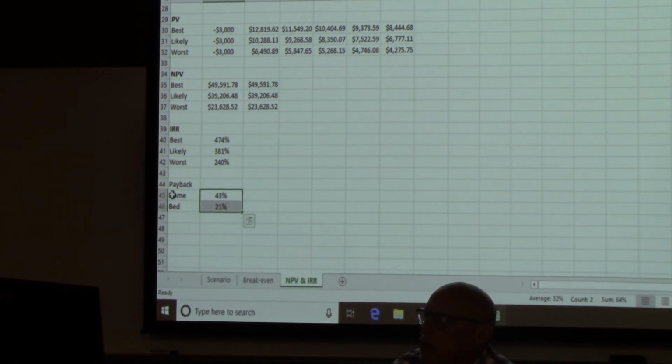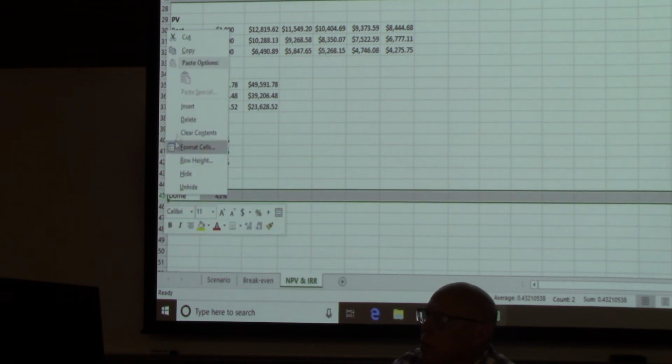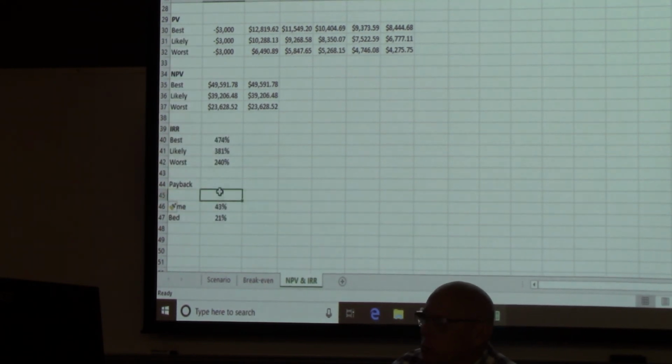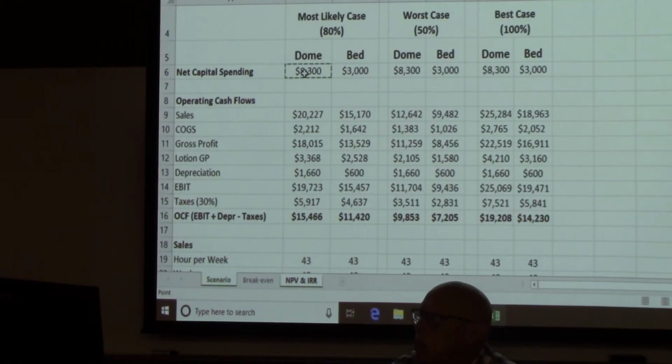So this is the best case. Insert, and we'll call it best, most likely, and worst. And let's go ahead and make sure those are all centered. Go ahead and bold that. And likely is equal to the cost divided by the operating cash flow.